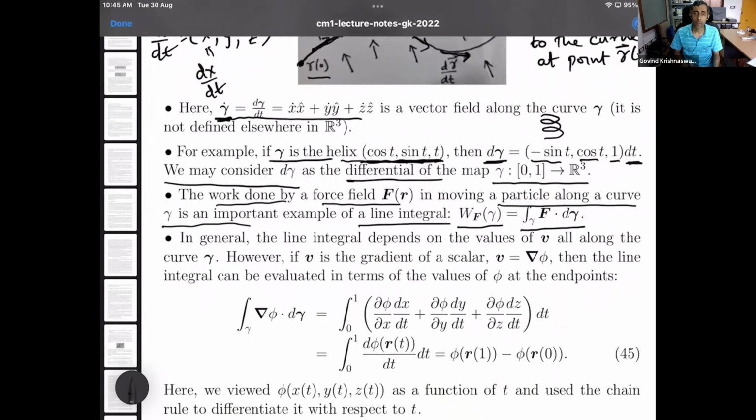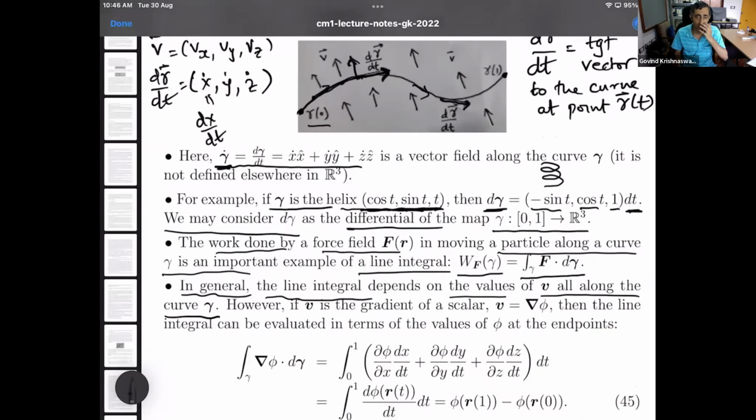Now we've defined it, and you have given me some nice examples. In general, the line integral depends on the values of V all along the curve. After all, the definition involved an integral all along the curve, so presumably you need to know V all along the curve. However, something remarkable happens if V is a gradient vector field, that is, the gradient of a scalar. Suppose V is the gradient of some phi, where phi may be some kind of potential function from which you're obtaining a force.